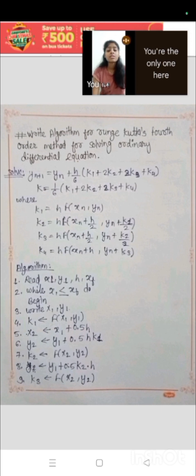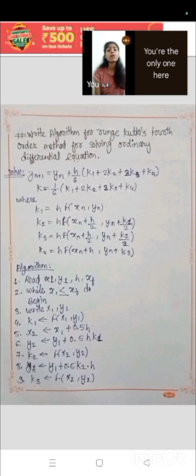Okay, now in the next step we do not change the x2 value, because if we look at the k2 formula and the k3 formula, the x term xn plus h by 2 is the same in both, so we do not change x2.